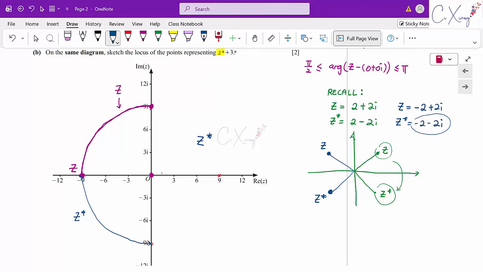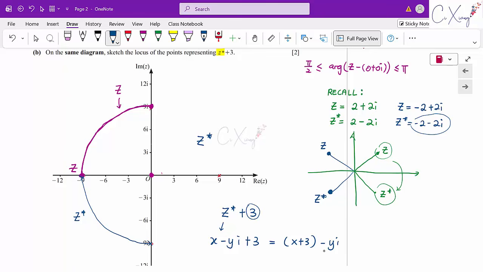When you have a plus 3, does this plus 3 belong to the real part or the imaginary part? There's no i here, therefore it belongs to the real part. Which means that if your z conjugate is x minus yi, then plus 3 gives x plus 3 minus yi.